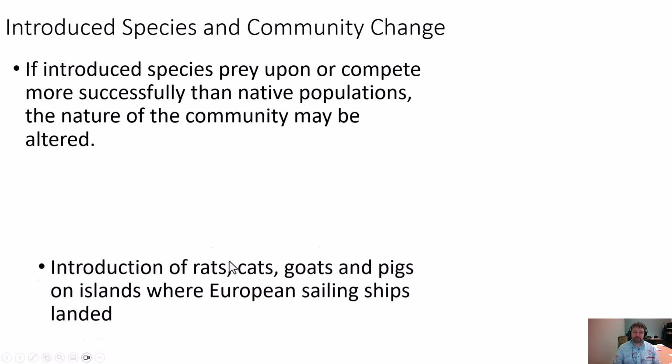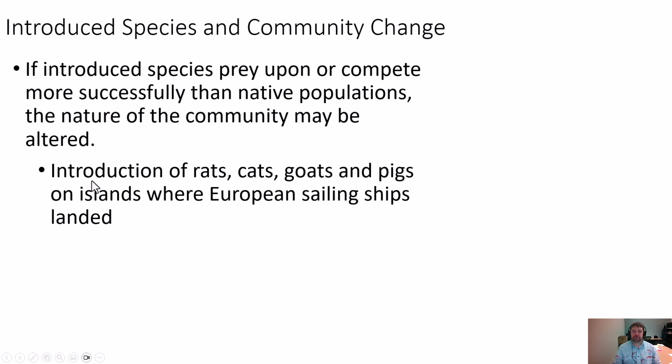So, for example, let's look at mammals that we moved from the mainland to islands. Lots of islands have no mammals whatsoever. So none of the organisms on those islands ever evolved with mammal predators, or they have no defenses for things that might feed on them, like goats or pigs.